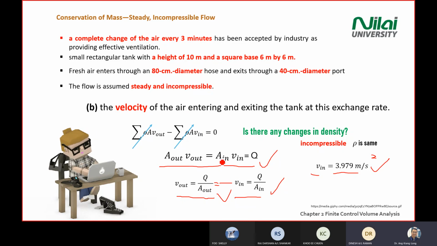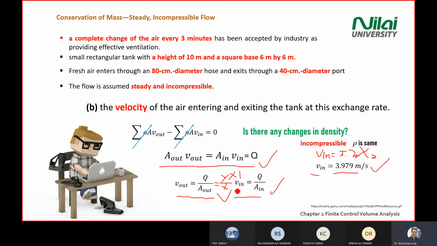Means if for this case there's a number here, there's a number here. So if you only give the answer, let's say you only give V in equal to 3.979, you will get full marks with a unit. However, if you press your calculator wrong and you give me V in equal to 5.2, and you submit your answer, you will lose the 2 marks and you'll lose the 1 mark here.